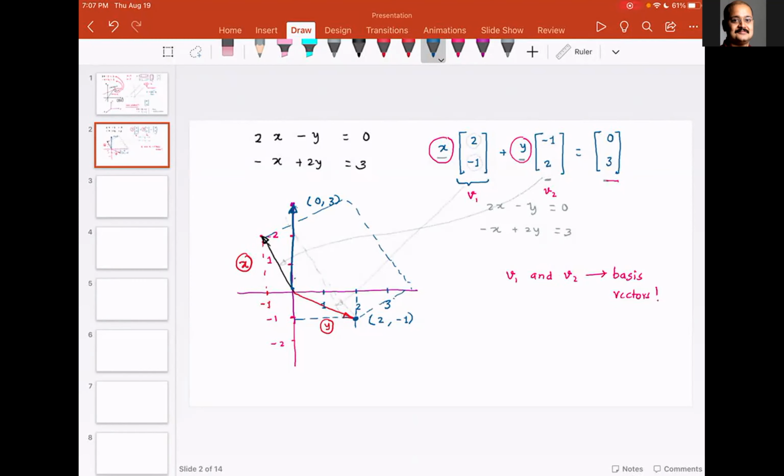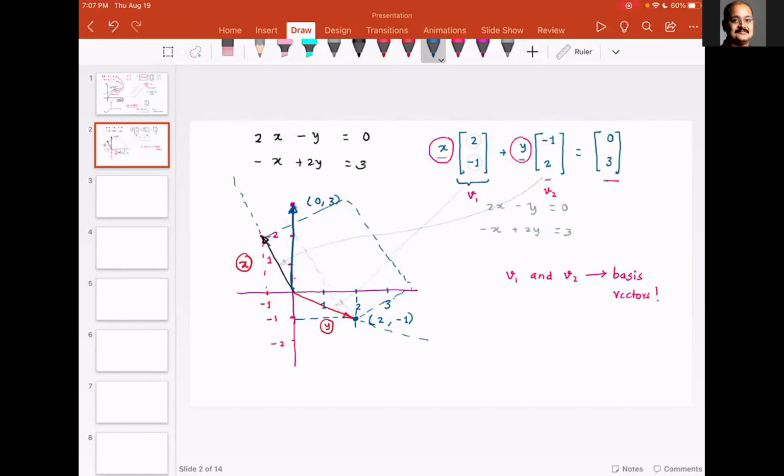So here is what I'm trying to do. I have these two basis vectors, and vectors, as we know, can expand or shrink. So basically, I'm going to use these two vectors and create a plane. As long as my final resultant is on that plane, the solution is possible.